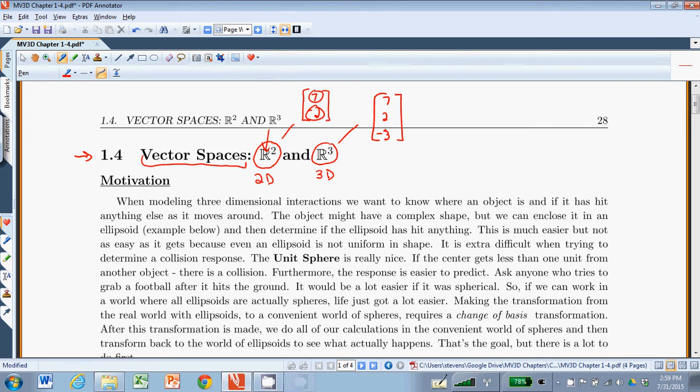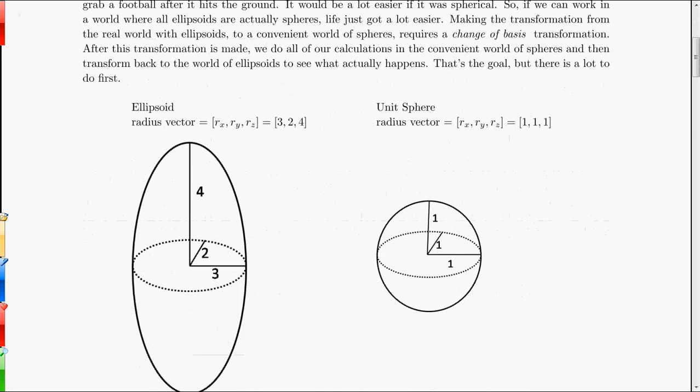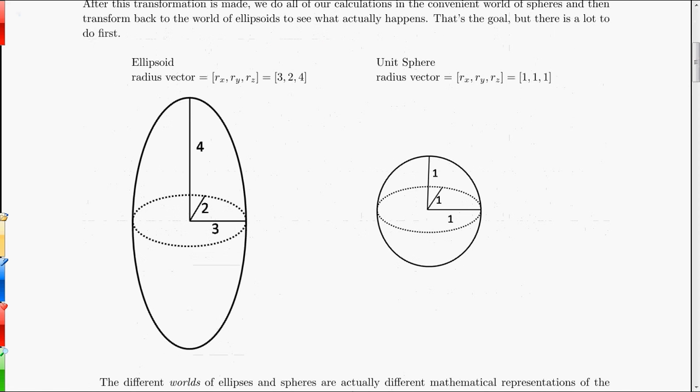Okay, so we're going to do a little motivation for this chapter, and actually for the next couple chapters, but I'll switch to full screen mode for that. And we have here an ellipsoid in 3D. So in this case we're going to be talking about R3, and we'll have an ellipsoid and a unit sphere.